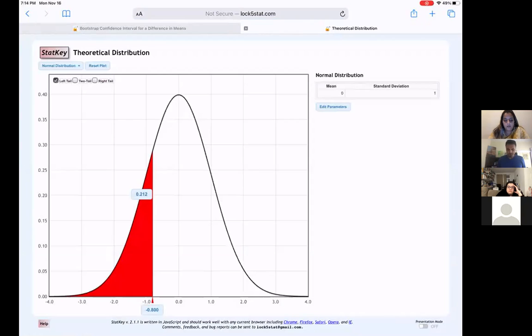So I change it to 0.8, correct, negative 0.8. The area is 0.212. Good. So that's what they're asking.